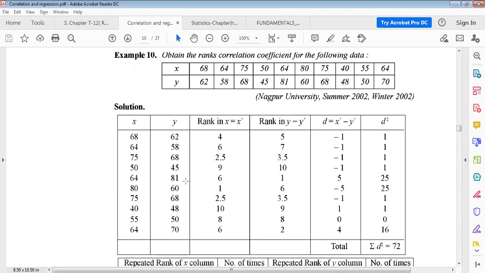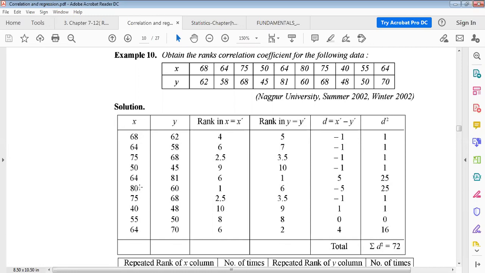First of all, this is the x variable and this is the y variable. Now, how do we rank x? The highest value is 80, so we give it rank 1. Understand?